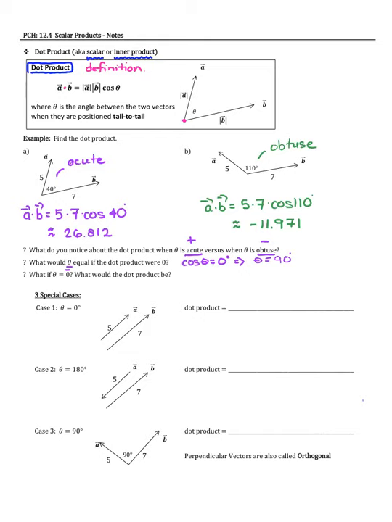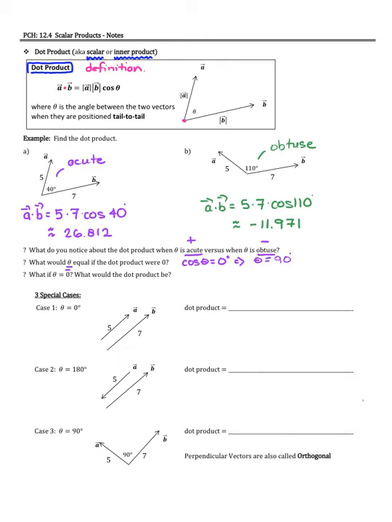There's a lot of physics involved in this, but when you have two vectors that are perpendicular, there's going to be three different words we're going to get for that. We're going to get orthogonal and we're going to get normal. Those both mean the same thing, that the vectors are perpendicular to each other, and that is going to come in handy as we move forward.